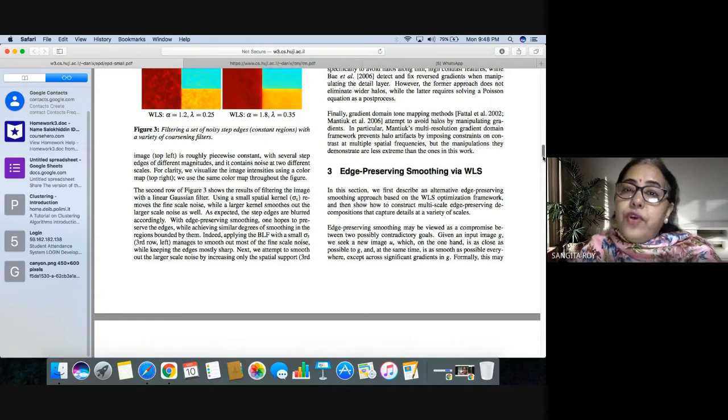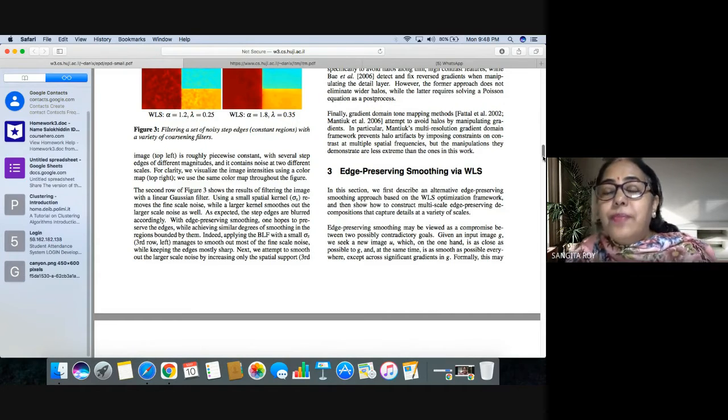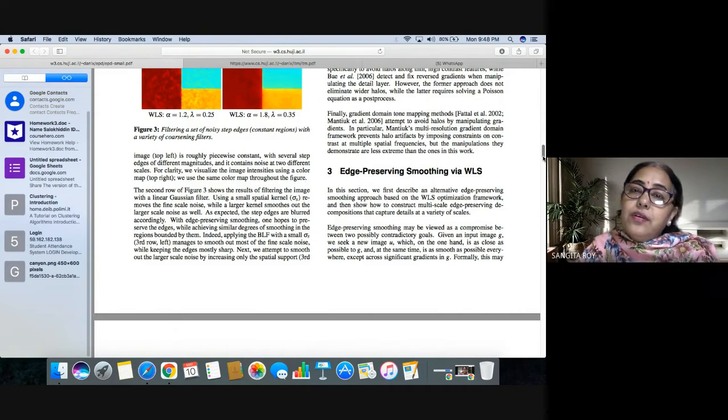Whenever we want to preserve the edge, we have to discard some smoothing, and when we want to smooth something, then some edges may be lost. So these are two contradictory things we have to take care of. We cannot sharpen very much, as well as we cannot blur a lot. In between them, we have to make some trade-off.